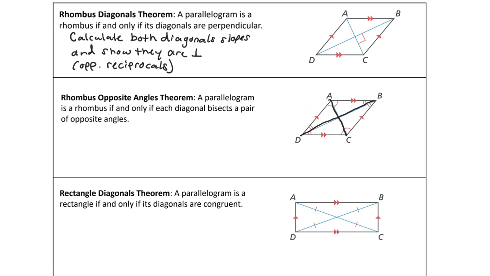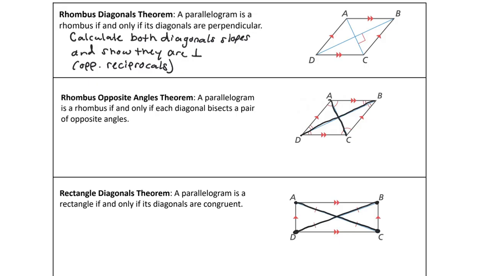And then we have the rectangle diagonals theorem. It says a parallelogram is a rectangle if and only if its diagonals are congruent. So if you can show that this segment AC is the exact same length as this segment BD, then you can show it's a rectangle.